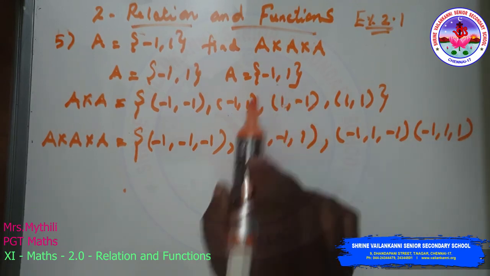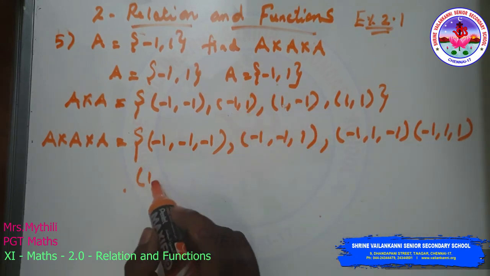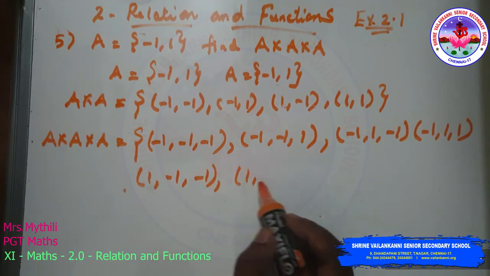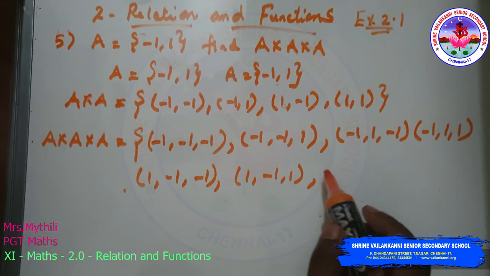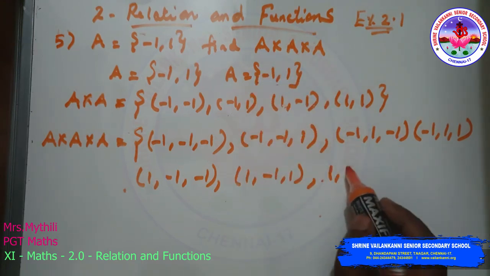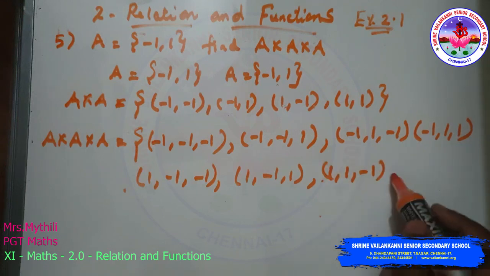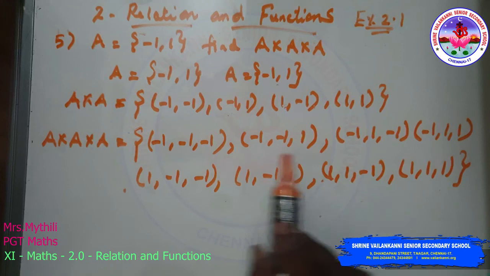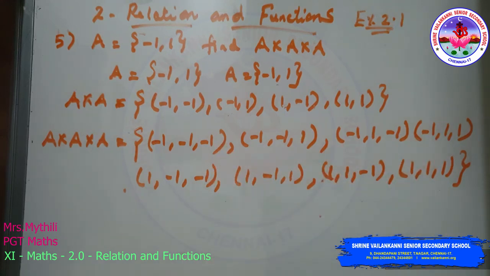Then these two elements with 1: (1, -1, -1), (1, -1, 1). Again (1, 1) with these two elements: (1, 1, -1) and (1, 1, 1). So we get 8 ordered triplets in A cross A cross A.